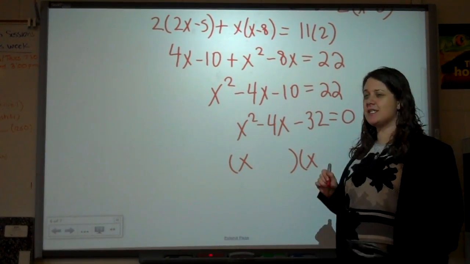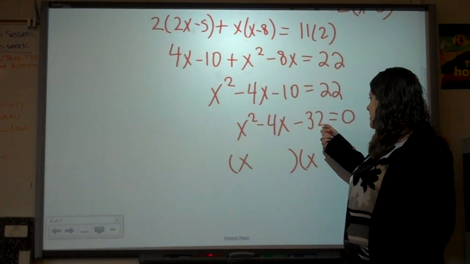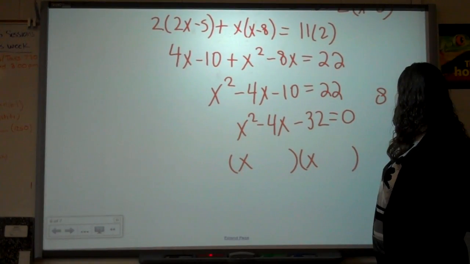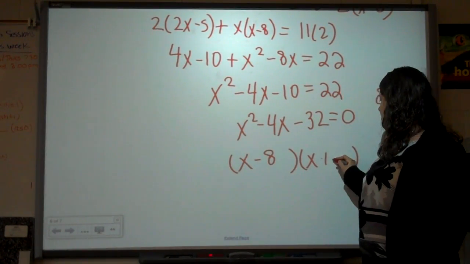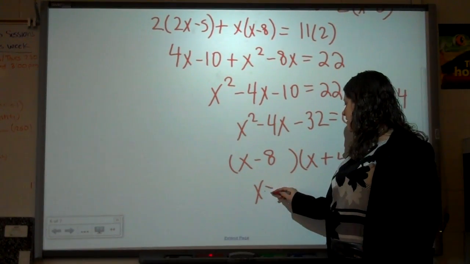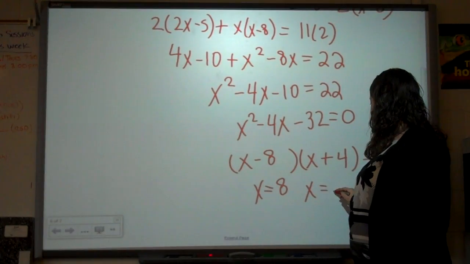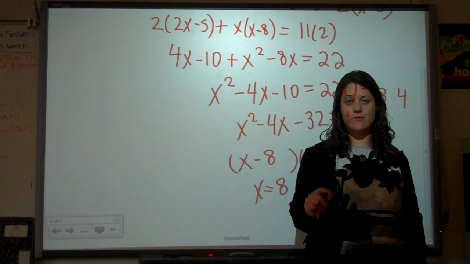So let's see, 16 and 2, that's not going to work. Well, what else multiplies? How about 8 and 4? 8 and 4 is going to work. So minus 8 plus 4 equals 0. Now I solve these, and I get 8, and I get negative 4. So there's my 2 answers. I think 8 and negative 4.